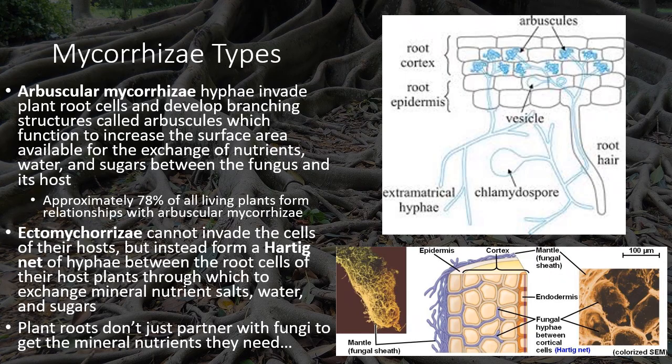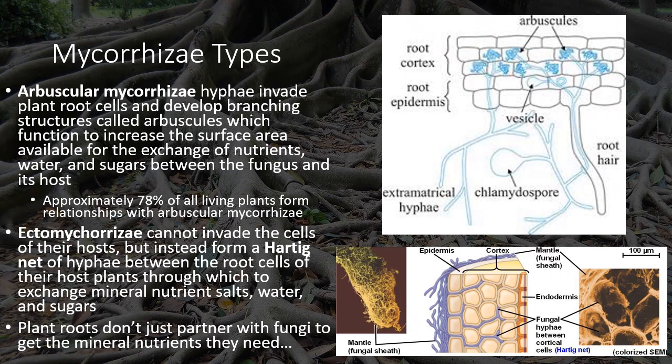Arbuscular mycorrhizae are fungal species whose hyphae, or the little filaments of their mycelium, are actually able to invade the root cells themselves. They actually puncture into the root cells, and within the root cells they develop these branching structures called arbuscules. The arbuscules basically increase the surface area through which the mycorrhiza can exchange nutrients, water, and sugars between itself and its host plant.